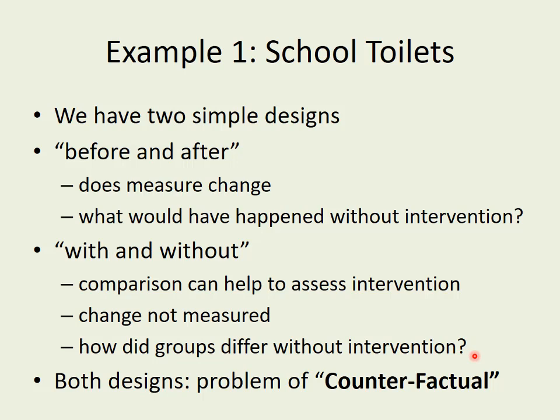Perhaps the groups that you chose to put the toilets into were just in more wealthy areas. Maybe that makes sense, that the officials might have thought, hey, let us put the toilets into these areas here with more wealthy parents that maybe support us, and those girls are more likely to go to school. So there could be some confounding factors that interfere with your interpretation. So both these designs suffer from the problem of the counterfactual, which is the problem of what would have happened to those girls in that school if they hadn't had the toilets.